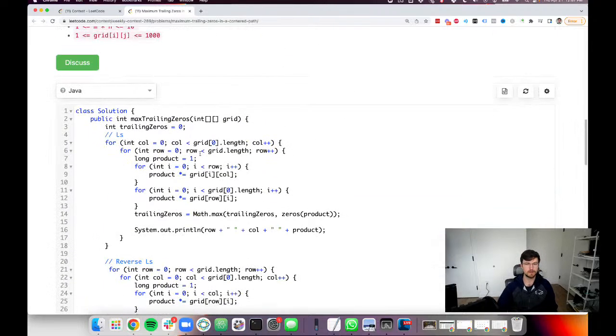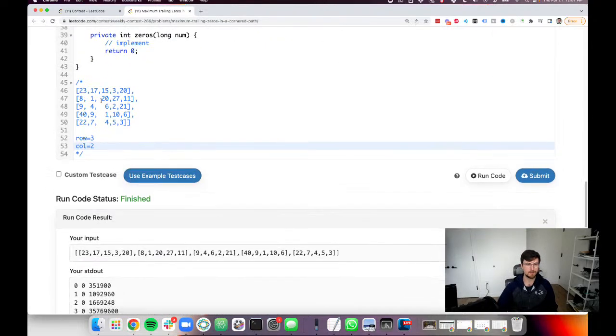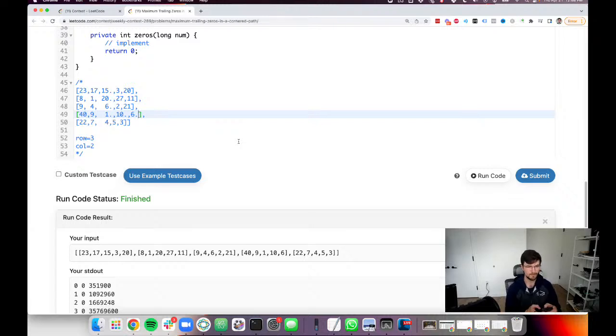I'm printing out row, column, so row 3 is going to be this one, and column 2 is going to be this one. So it's 15, 20, 6, 1, 10, 6, right? Should be the path. I'm pretty sure I did this right.